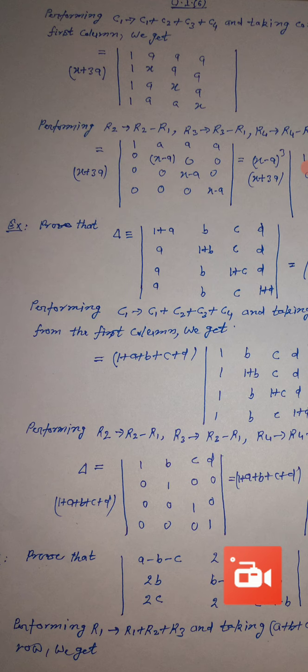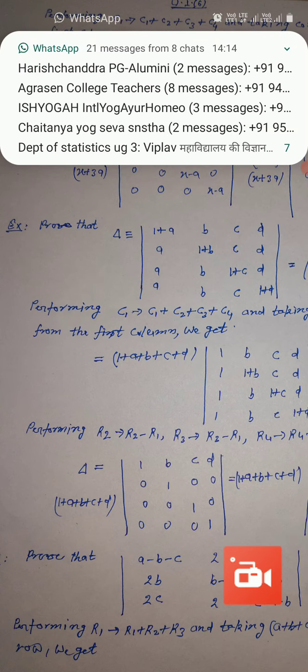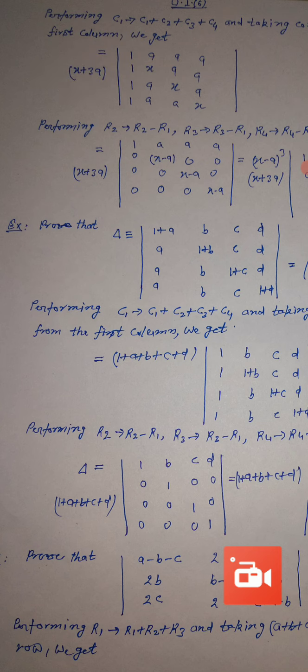Again we perform R2 as R2 minus R1, R3 as R3 minus R1, and R4 as R4 minus R1. We get x plus 3a, determinant in first row 1 a a a, in second row 0 x minus a 0 0, in third row 0 0 x minus a 0, and in fourth row 0 0 0 x minus a.